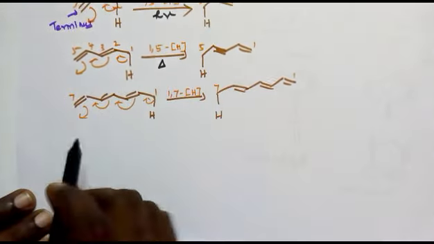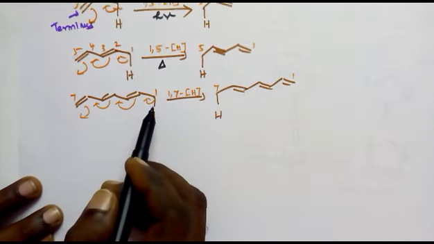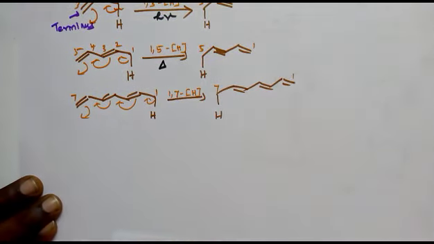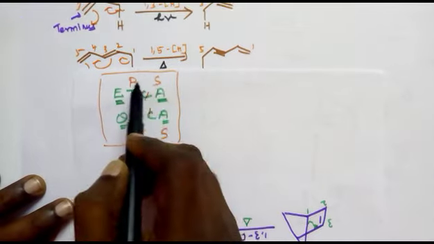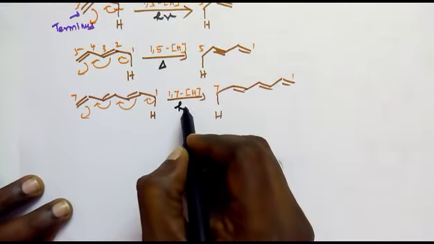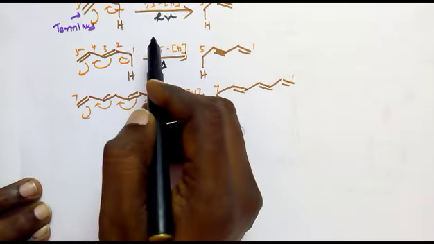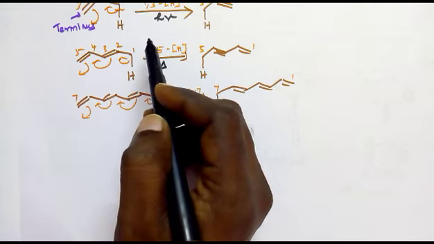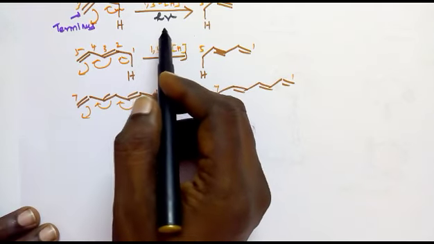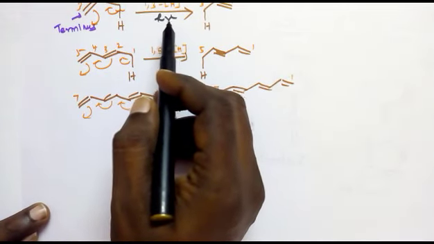And look at the 1,7 shift, 1, 2, 3, 4, 4 pairs of electrons. 4 is an even number, even photo supra. Okay, that means this reaction is feasible under photochemical condition. Remember, these two are small rings, going through a small cyclic transition state. So only suprafacial is allowed. In that case, this is possible only under photochemical condition.